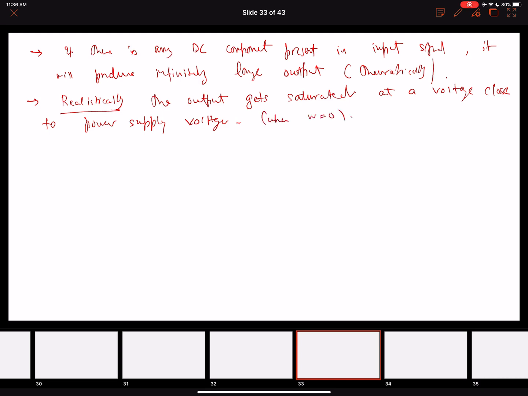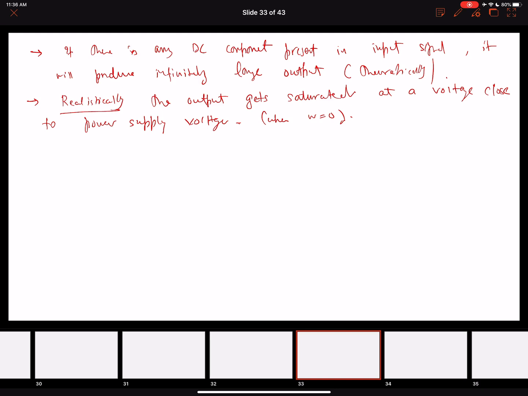When omega equals 0. So this is what we discussed. When omega equals 0, the magnitude response is infinitely large, but our output will not become infinitely large because it will get saturated. However, we still don't want saturation, right? So how can we take care of this?